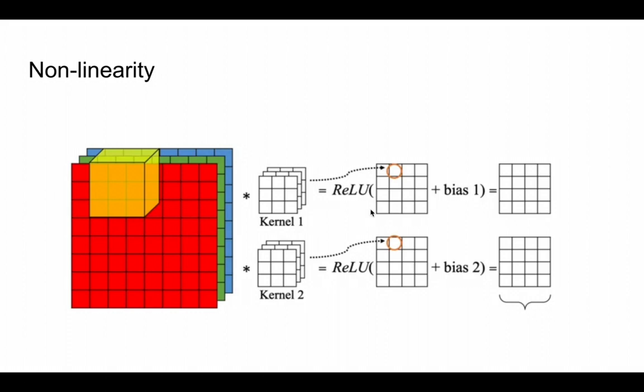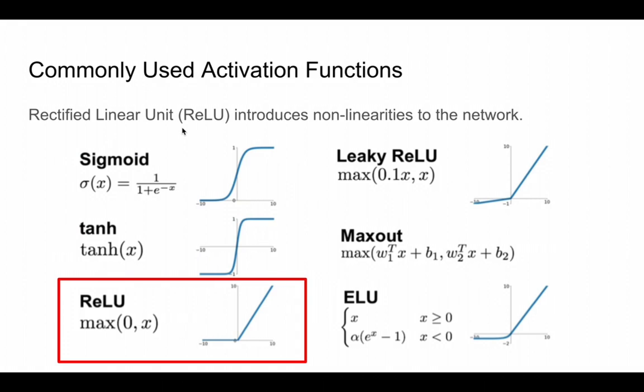We usually use the rectified linear unit as the activation for each of the output image elements. Of course, there are other popular activation functions, for example sigmoid or tanh. The rectified linear unit has a 0 value when the quantity is below 0, and it is linear when greater than 0.